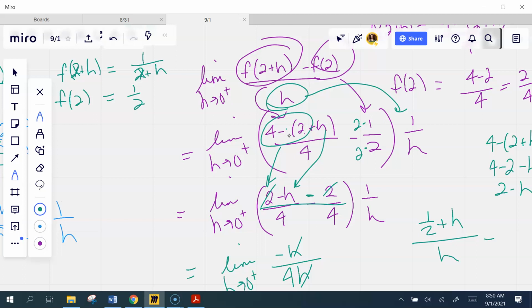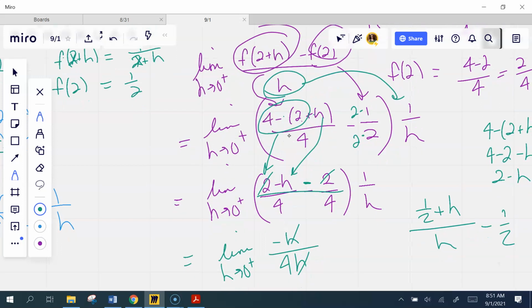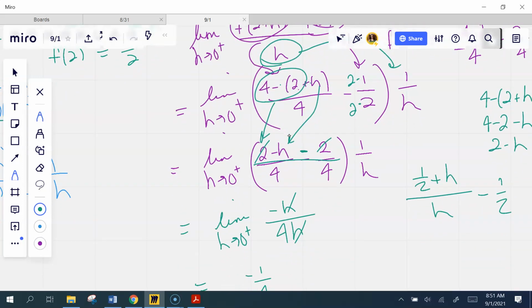If you canceled an h there, you killed a kitten. Even if you canceled them, then you'd get 0. And you might have seen that the answer was supposed to be negative 1/4 because the answers are in bold blue beside the problem, and went, oh, of course 1/2 times negative 1/2 is negative 1/4.